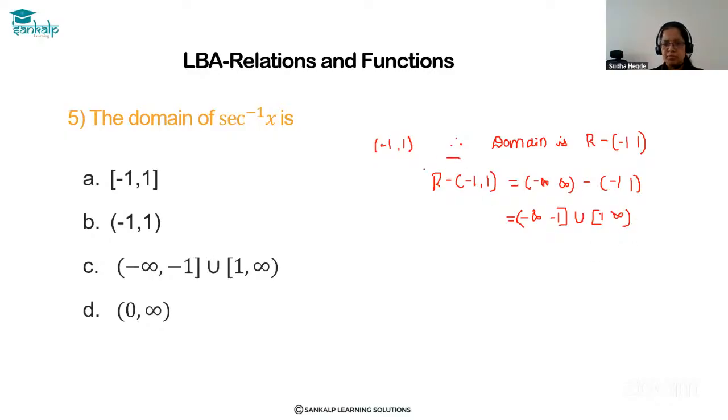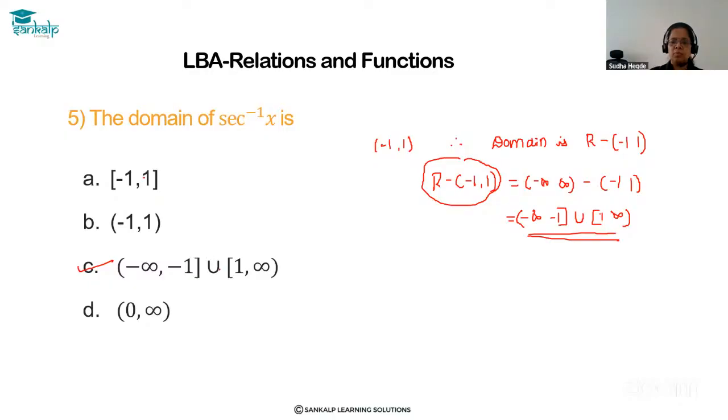The same domain we can write like this also. Option C. Option C is -infinity to -1, -1 side closed. Union closed interval 1 to infinity. That is the required answer.